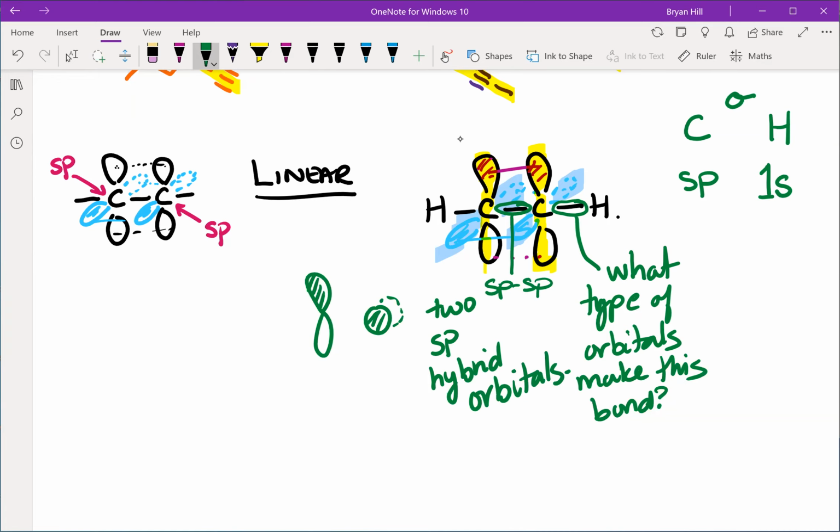So remember, sigma bonds use hybrid orbitals if we're using hybridization theory. So the sigma bonds are sp hybrid orbitals. This becomes important a bit later on because there's something special about sp hybrid orbitals that we're going to use.